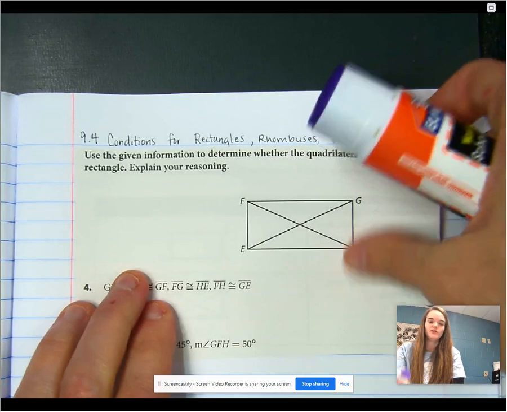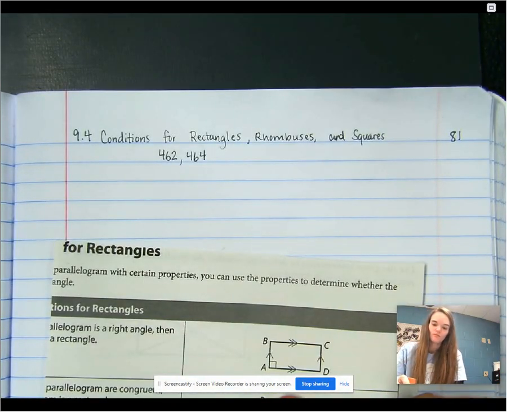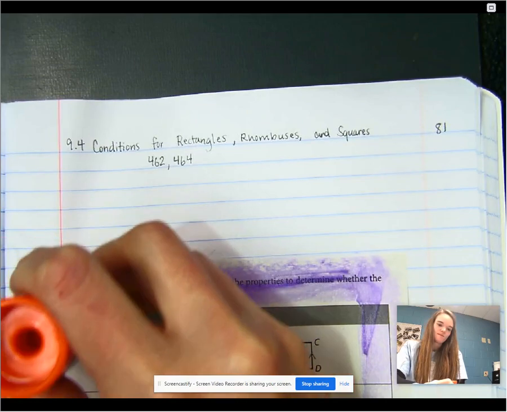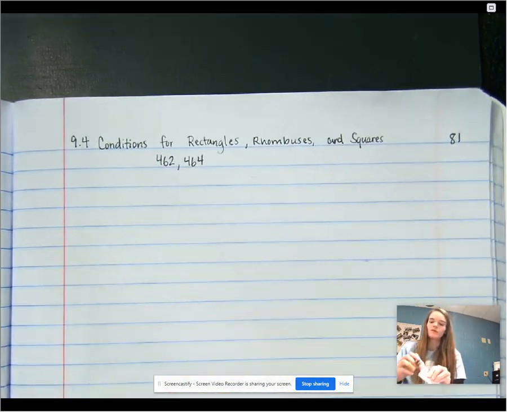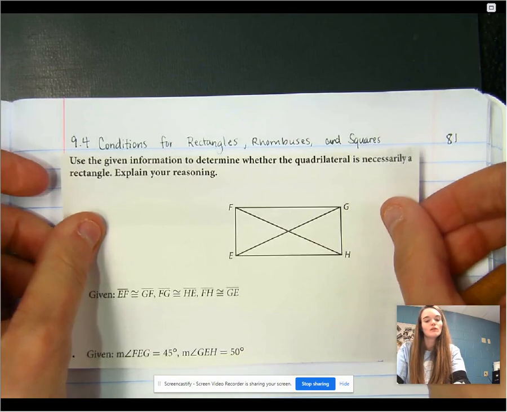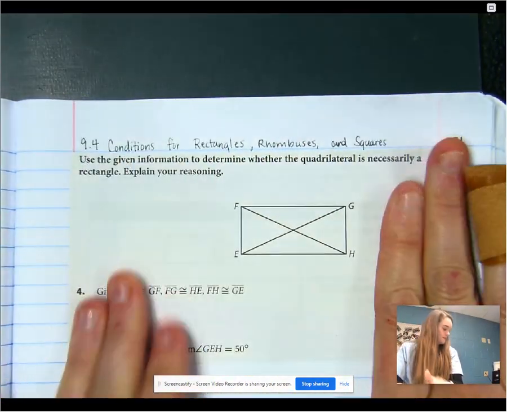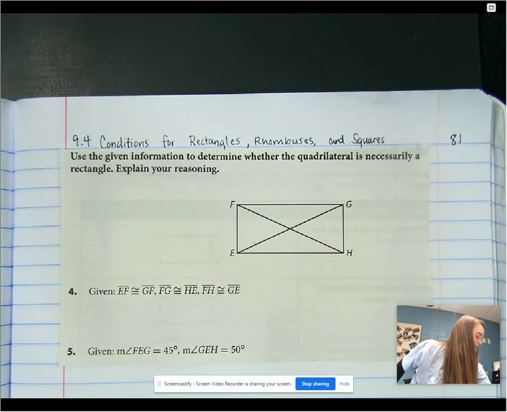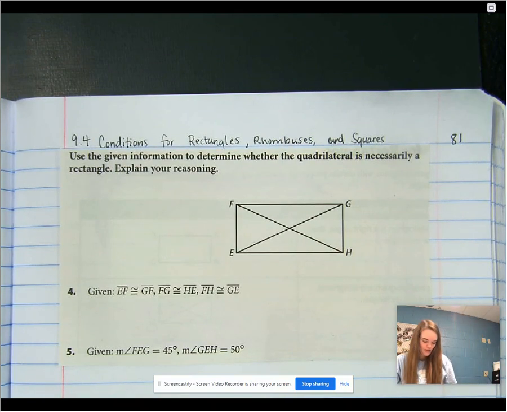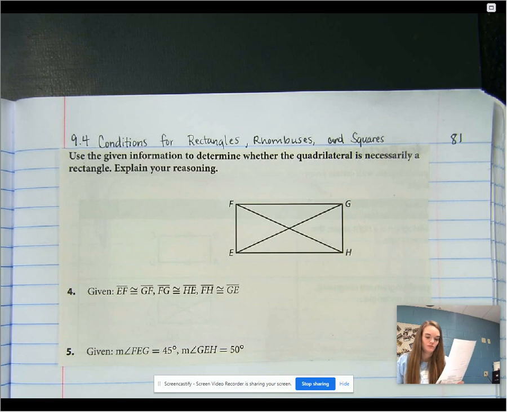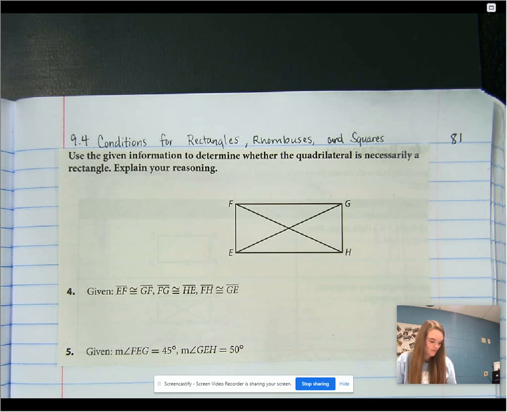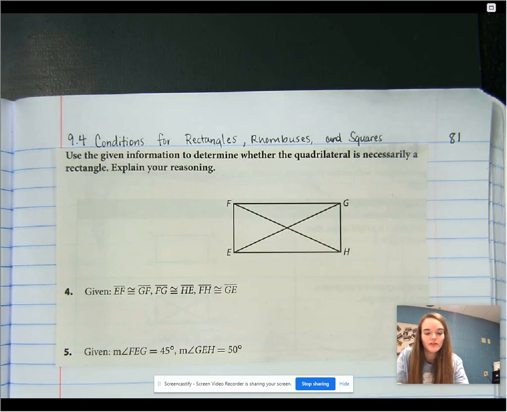That's all you need from 462. From 464, skip about 3 lines and then glue in example 3.